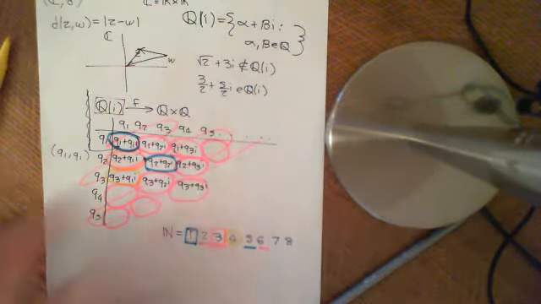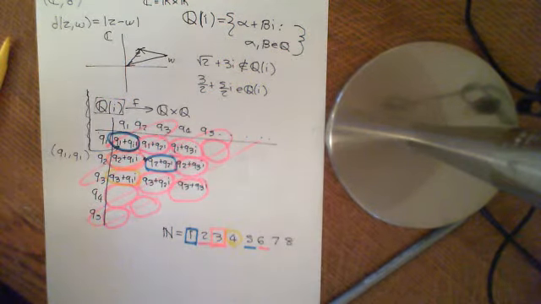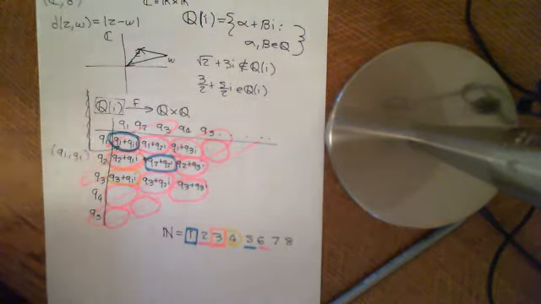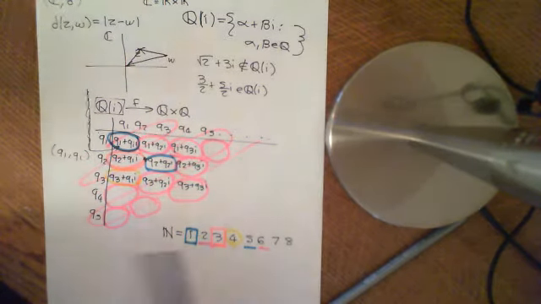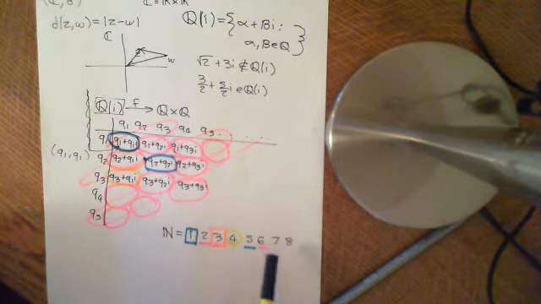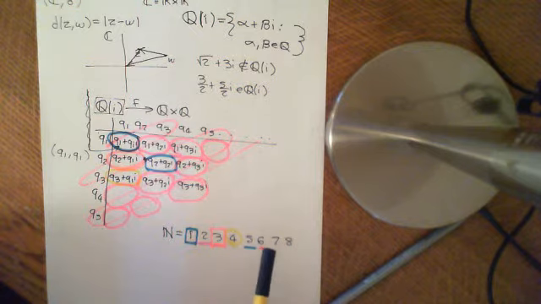Since every element of the Gaussian numbers is somewhere in this great big lattice table, every Gaussian number will be mapped onto some natural number. So in principle, you give me any Gaussian number, and I can work out which natural number it's mapped onto.